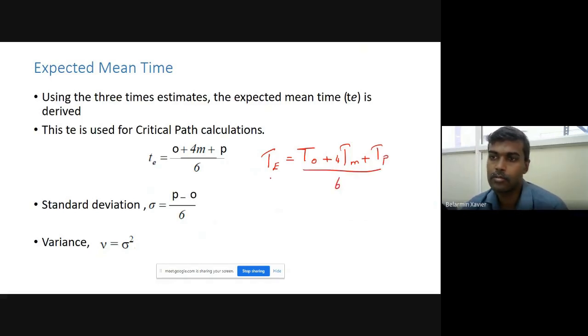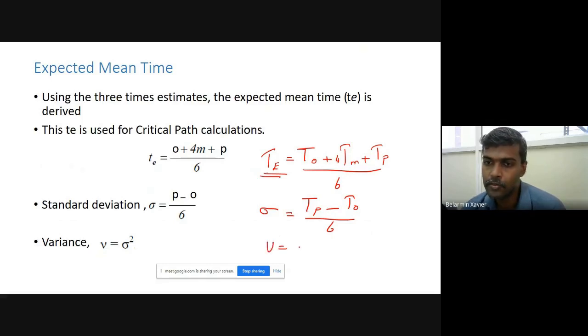Okay, so we have to find the TE based upon this formula. Then the standard deviation sigma is equal to pessimistic time minus optimistic time divided by 6, and variance V is equal to sigma square.